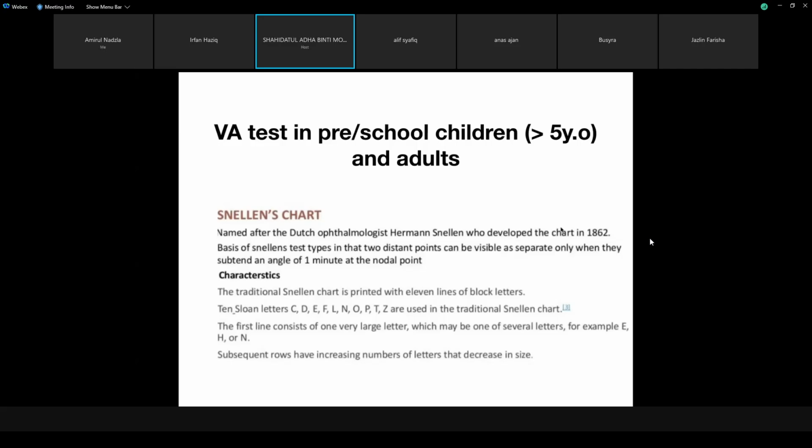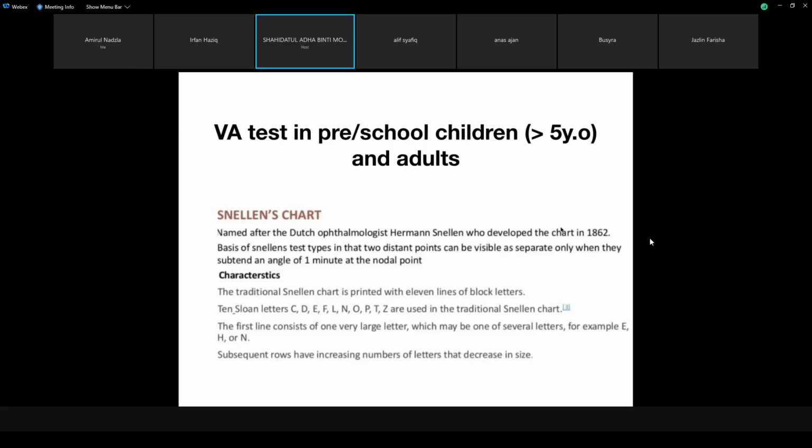The basis of this Snellen chart is that two distant points can be visible as separate only when they subtend an angle of 1 minute at the nodal point. So we are testing this angle at the nodal point. Alright, there are many types of Snellen chart nowadays, but it's good to know that the traditional Snellen chart is printed with 11 lines of block letters using the 9 Sloan letters C, D, E, F, L, O, P, T, Z.